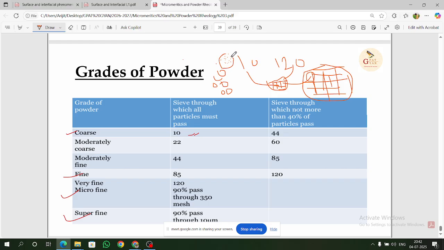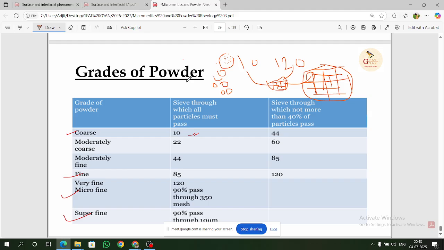In the same constant surface area, 120 pores are there, while in the same surface area 10 pores are there in a particular sieve. By that you can understand. Coarse particle means obviously the size will be a little bit big compared to the fine product. So that's why they say all of it can pass through the 10 sieve.